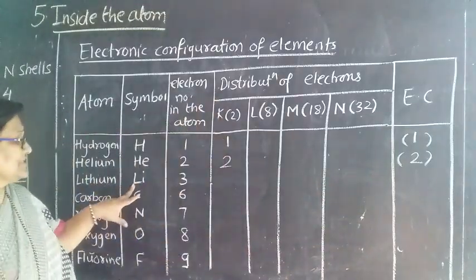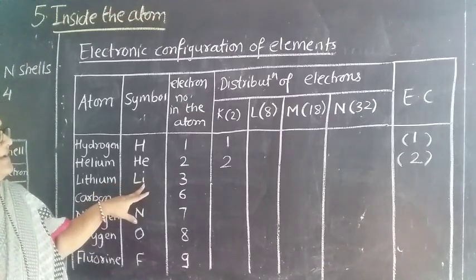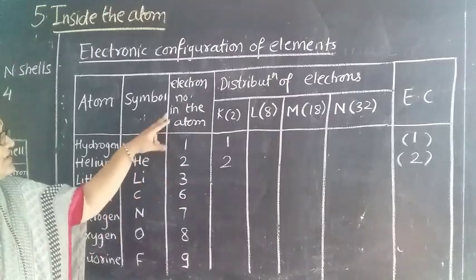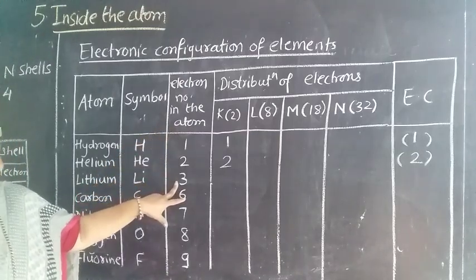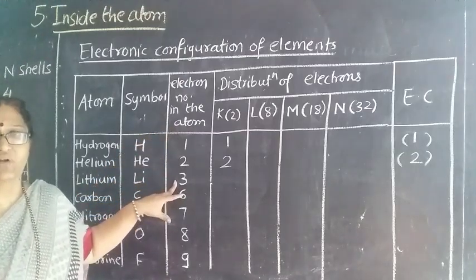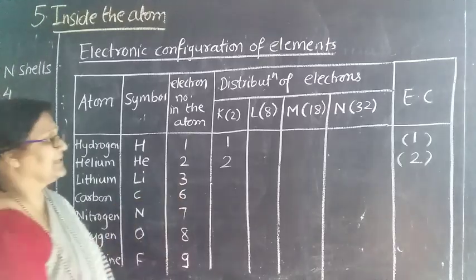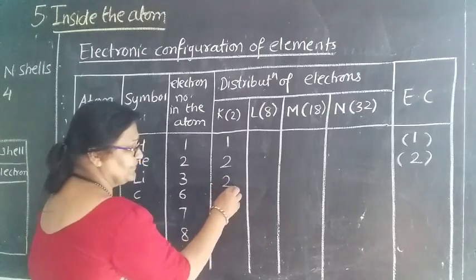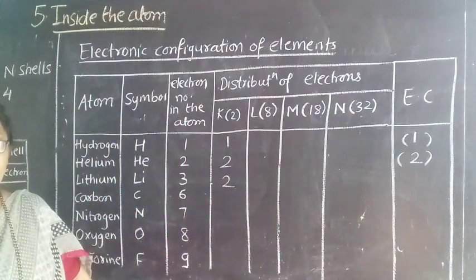Now next comes lithium. Lithium has the symbol Li and the number of electrons in the atom is 3. Now what do we have to do? Here there are more than 2, so the first 2 we have to fill into the K shell. Now how many remain? 1.